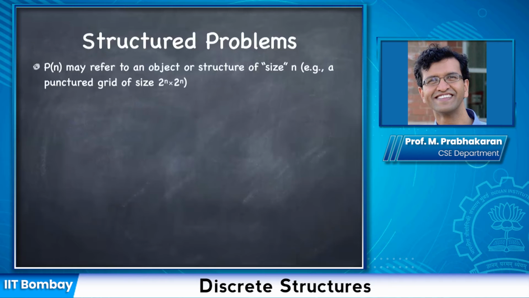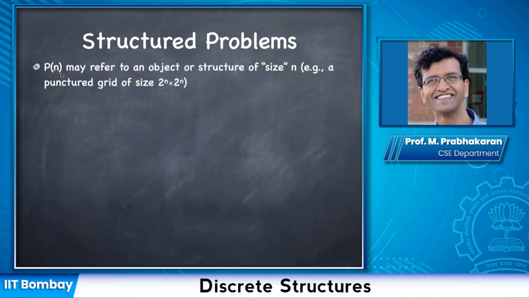Okay, so in this case, though I stated the induction template where the predicates are applied to integers, here also the predicate is applied to an integer, but the predicate Pn here could be thought of as the following statement: that for every object of size n, some property holds. So the predicate is basically stating that every object of size n has some property.